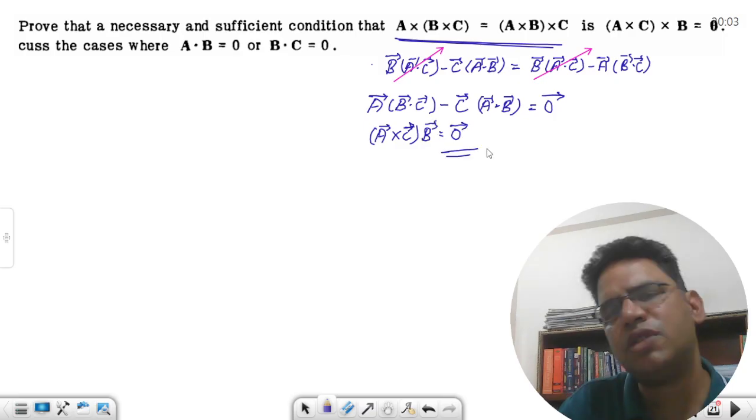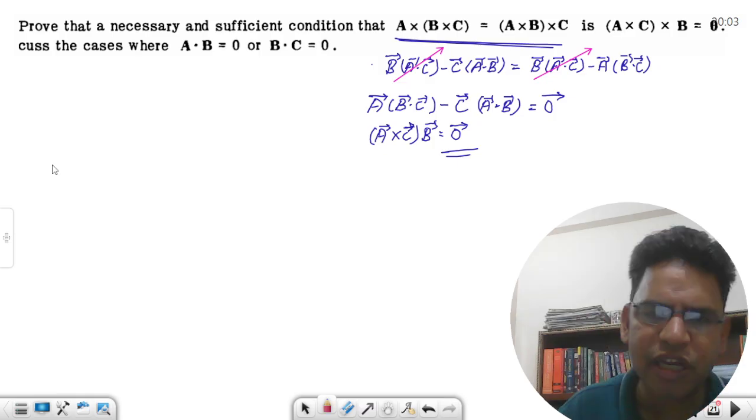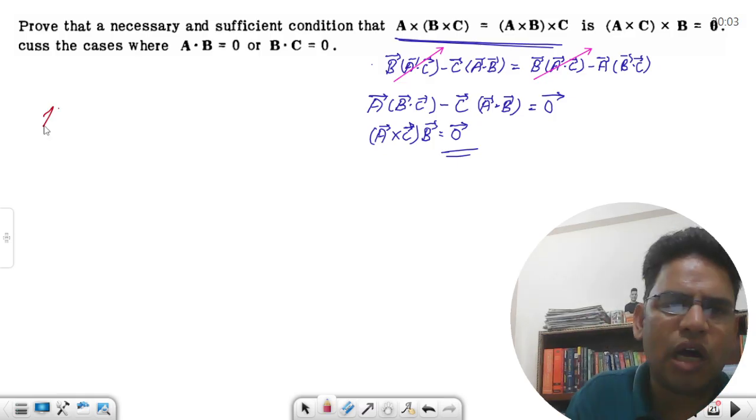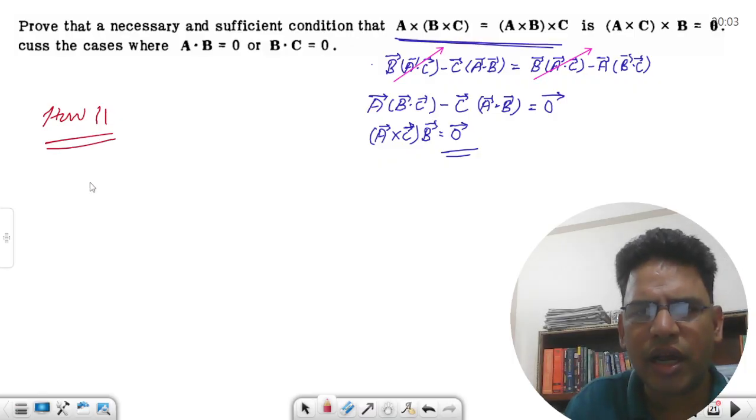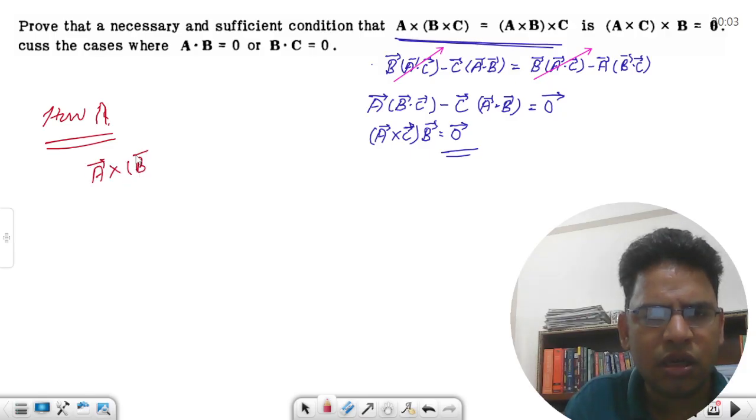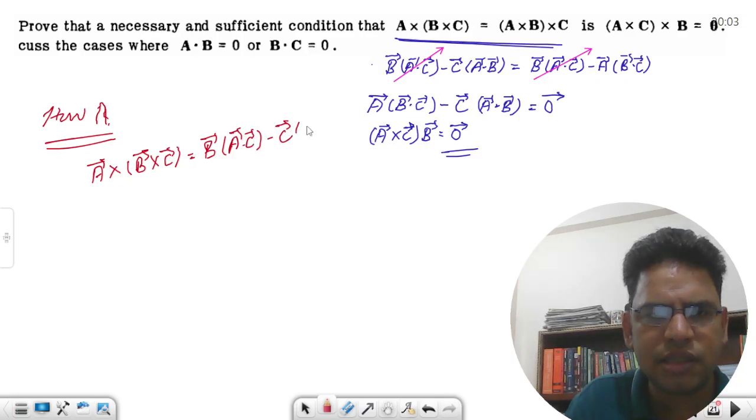So it was very easy to identify. How I did it, let me tell you how. You can ask me how I did it. I used this A cross B cross C. The result is B (A dot C) vector minus C (A dot B) vector.